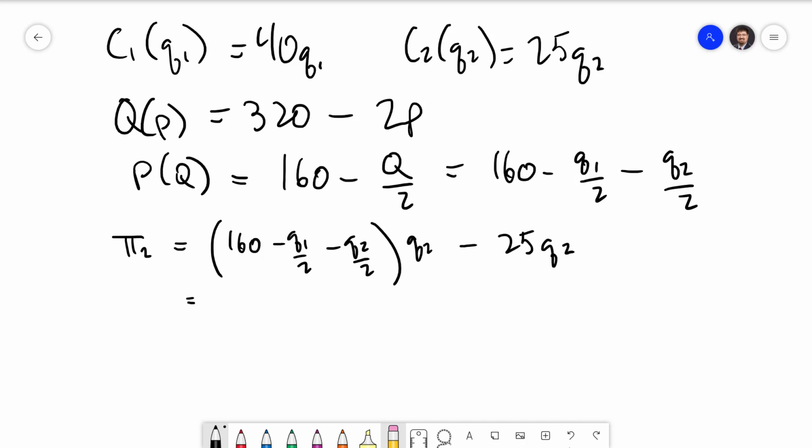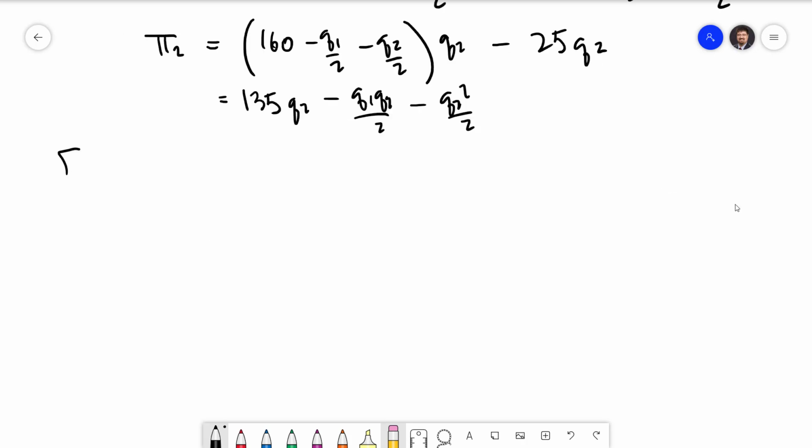Then I'm going to multiply this out to get 160 Q2 minus Q1 Q2 over 2 minus Q2 squared over 2 minus 25 Q2. Collecting terms, I can take 160 minus 25, which is 135. That's going to be our profit function.